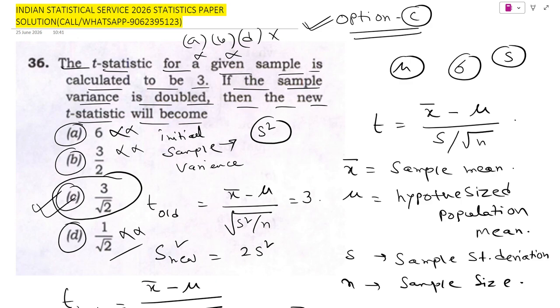This is the whole thing for this question, and this kind of question is a classic example of the ISS examination. This particular question is from the Indian Statistical Service 2026 statistics paper, so we were solving a current year question paper analysis.